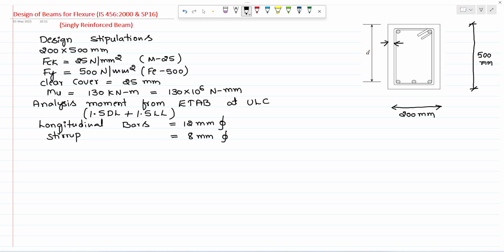Initially I will assume I will provide a single layer of reinforcement. Okay. So let me calculate the effective depth.